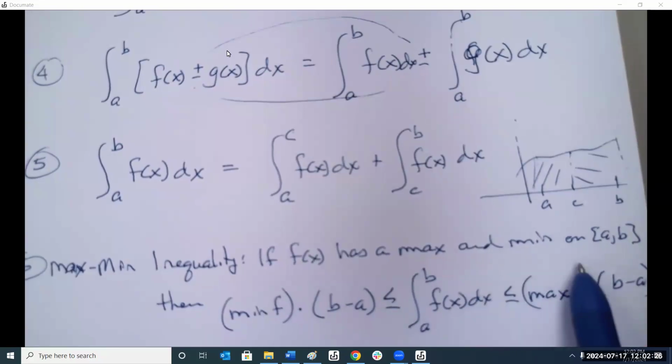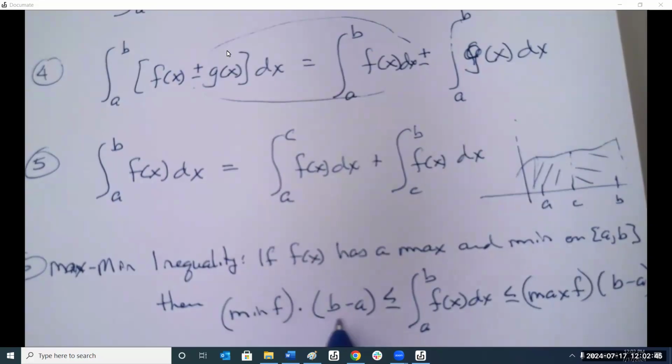If we have a max and a min value for our function, what are max and min values? What's the highest and lowest point? The actual value of the highest point and the lowest point.